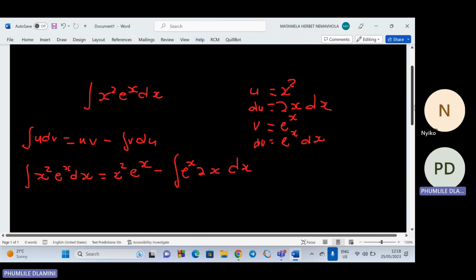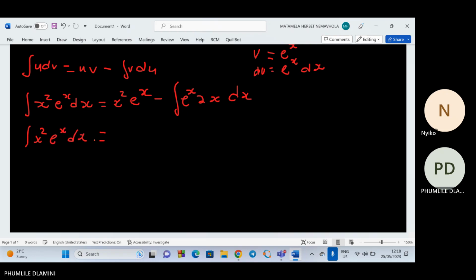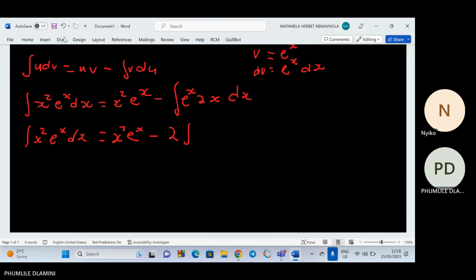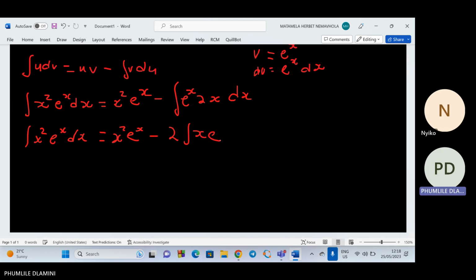So now when we have written this here, you will see that if we rewrite it, the integral of x squared e to the power x dx is the same as x squared e to the power x minus 2 times the integral of x e to the power x dx.